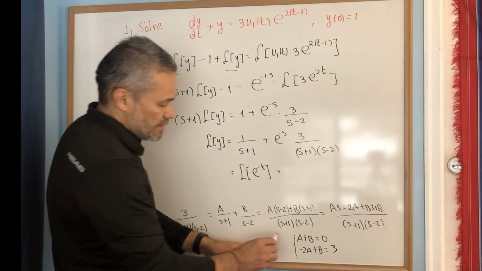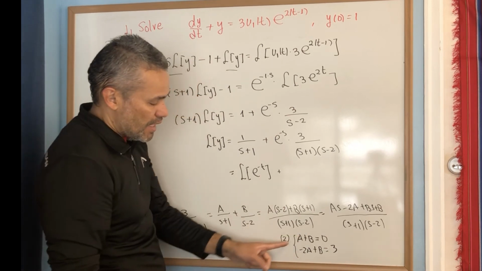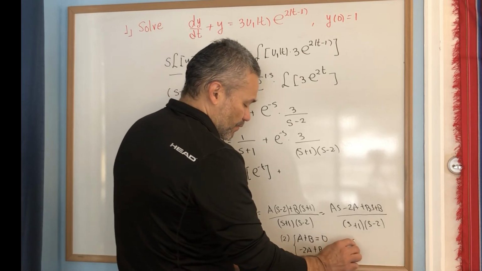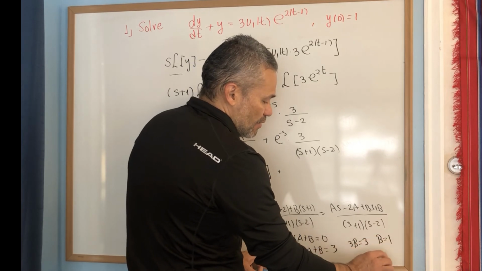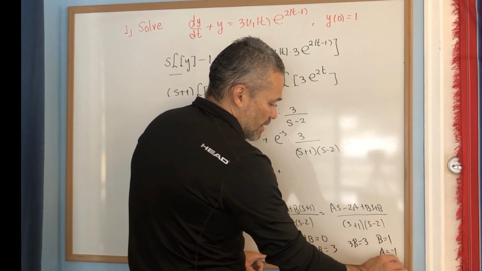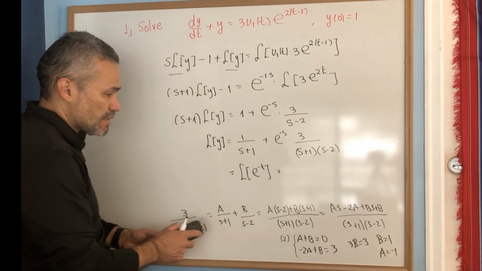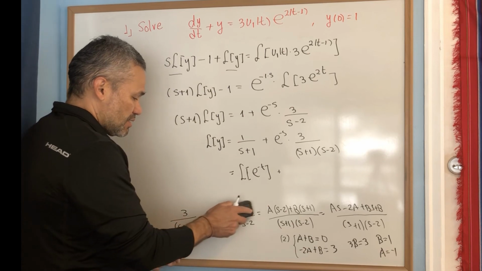If we multiply the first equation by 2 and we add, then we will get that 3b is equal to 3. That means that b is equal to 1 and a is negative 1.